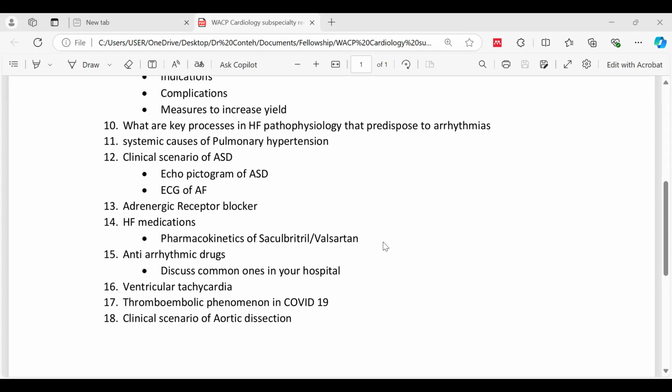We have the alpha blockers and then the beta blockers. For the alpha blockers, we have alpha 1 and alpha 2. The alpha blockers are further classified based on their selectivity. So we have the alpha 1 selective blockers, alpha 2 selective blockers, and then the non-selective alpha blockers.